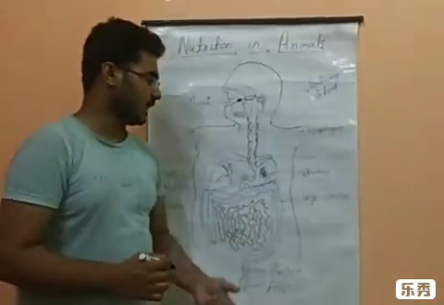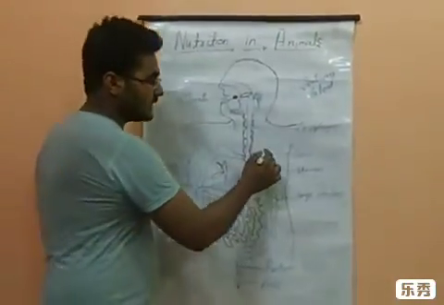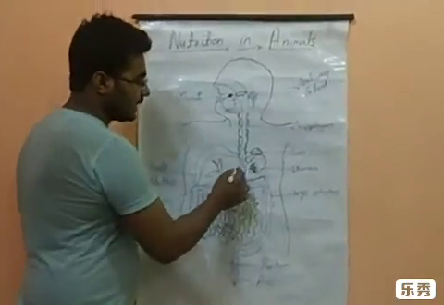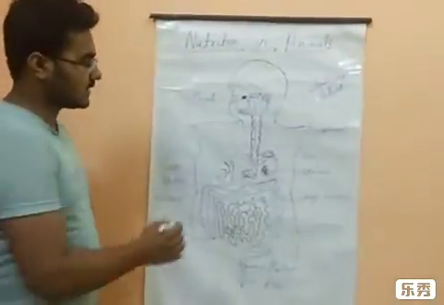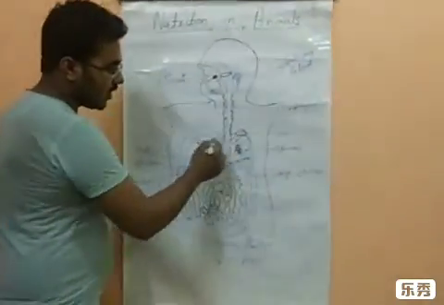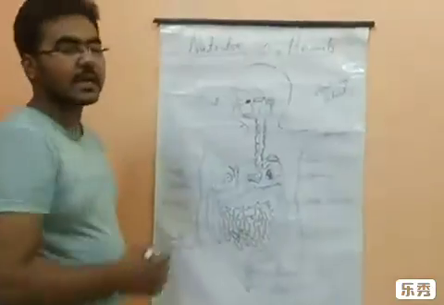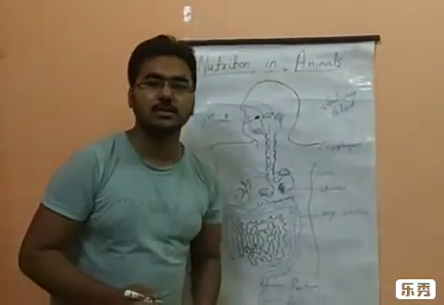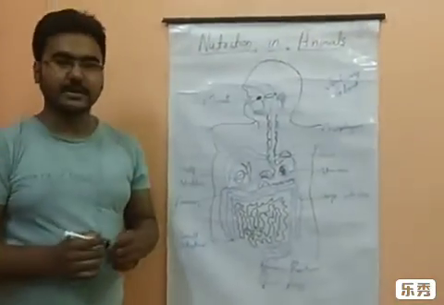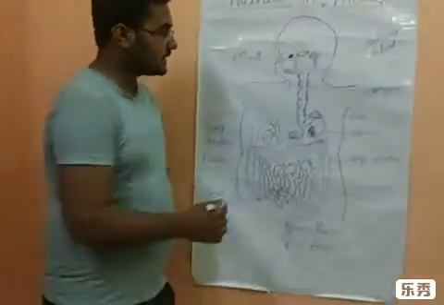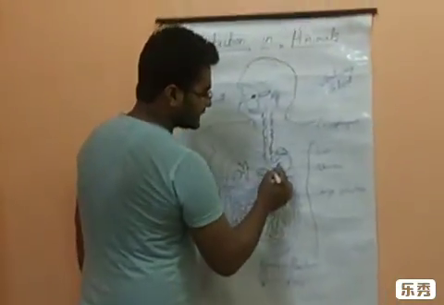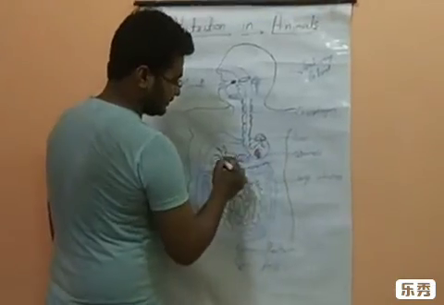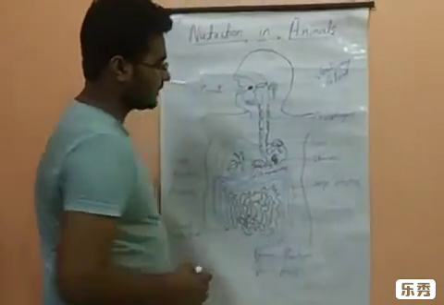After coming to the stomach, here you can see the liver, here the pancreas, and here the gallbladder. All these three organs secrete different types of digestive juices and acids, and these acids and enzymes get inside the stomach.